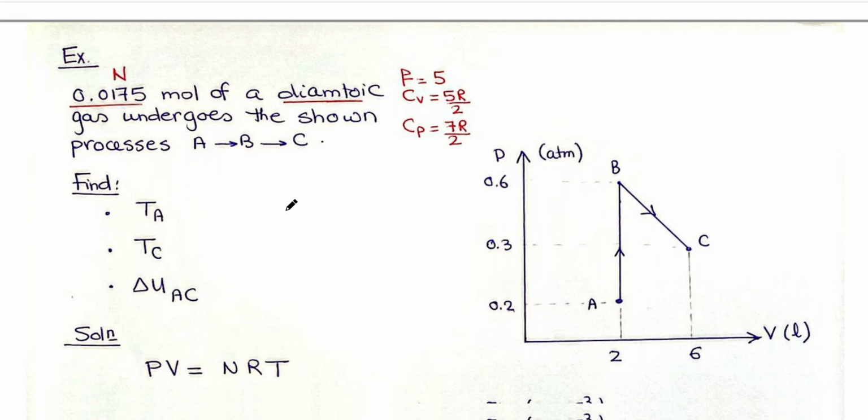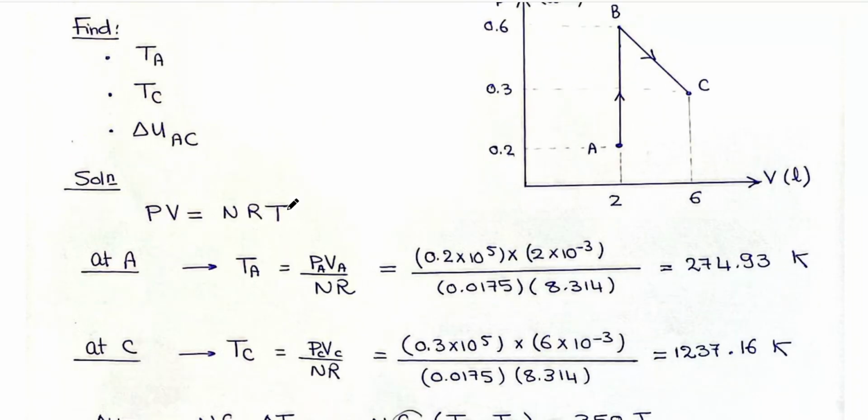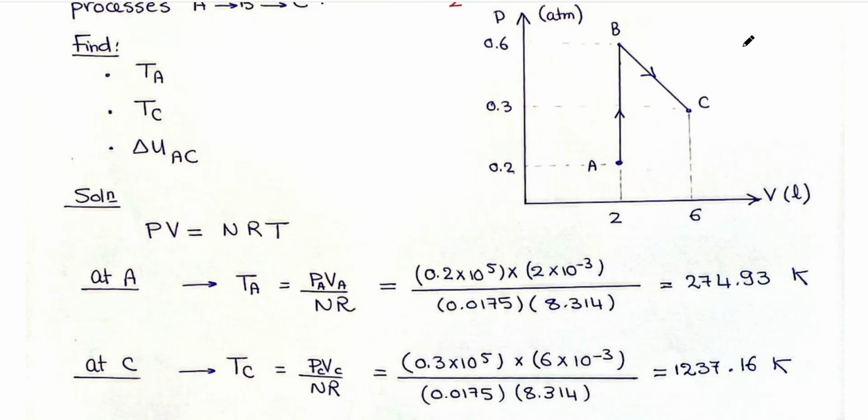Again, you can substitute in the equation of state at point A and at point C directly to get the temperatures. Now you want to find the change in internal energy. To find the change in internal energy, no need to find it in two steps, just find the change in internal energy directly from A to C because this is a state function, not a path function.